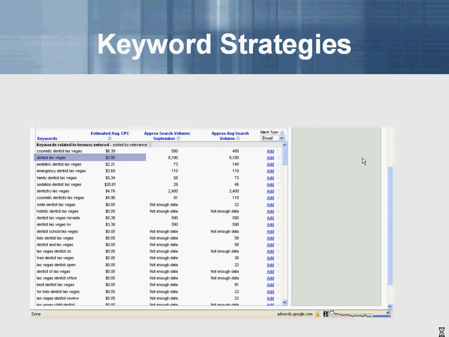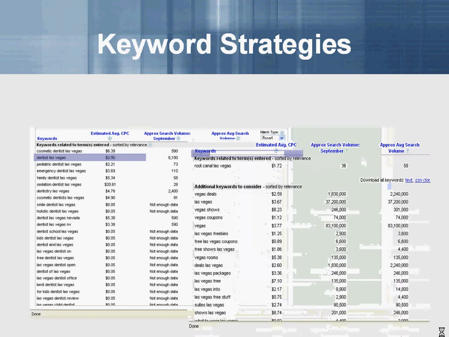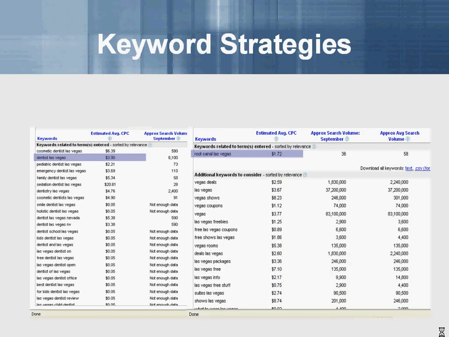Here's Dentist Las Vegas. This is going to cost me on an average cost per click $3.90 to be ranked number 1, 2, 3. Or I could think of a symptom, and why not root canal Las Vegas? Someone looking for a root canal is only going to cost me $1.72 per click. A little bit more target of a client.